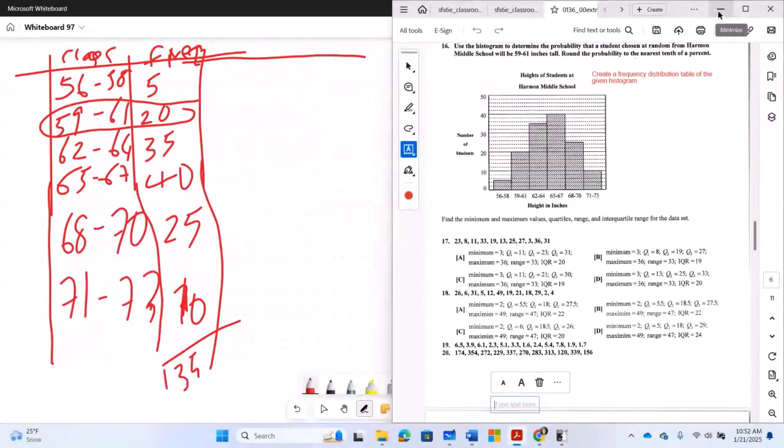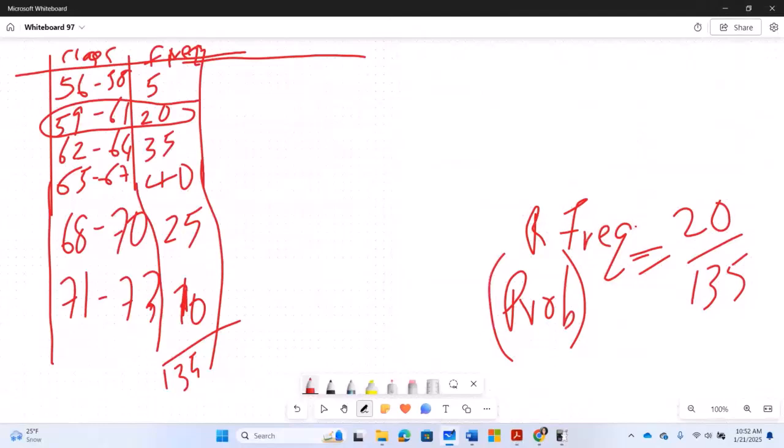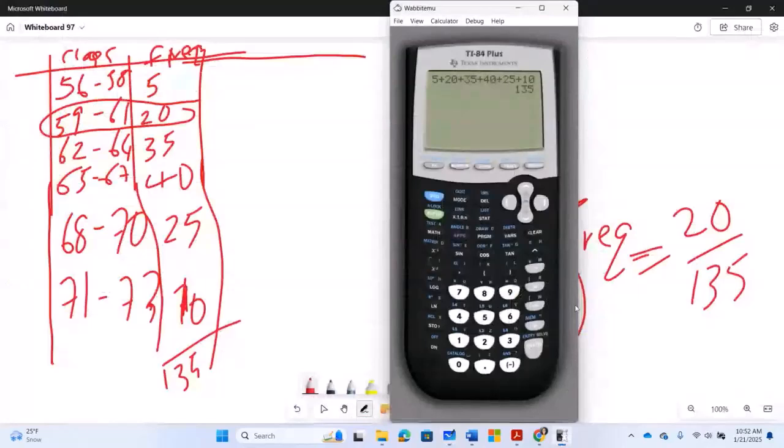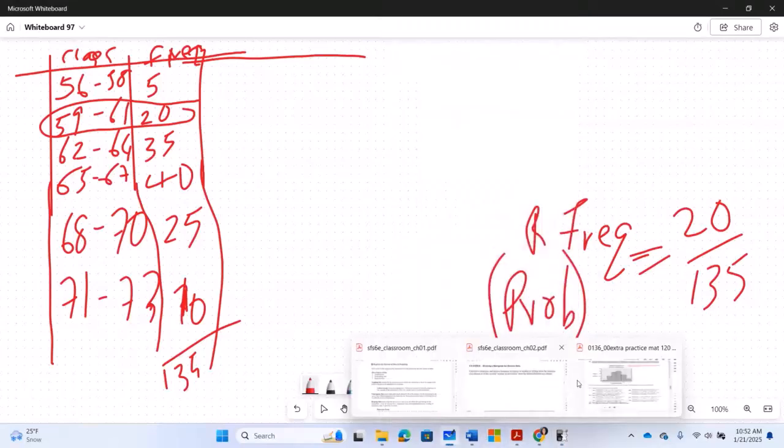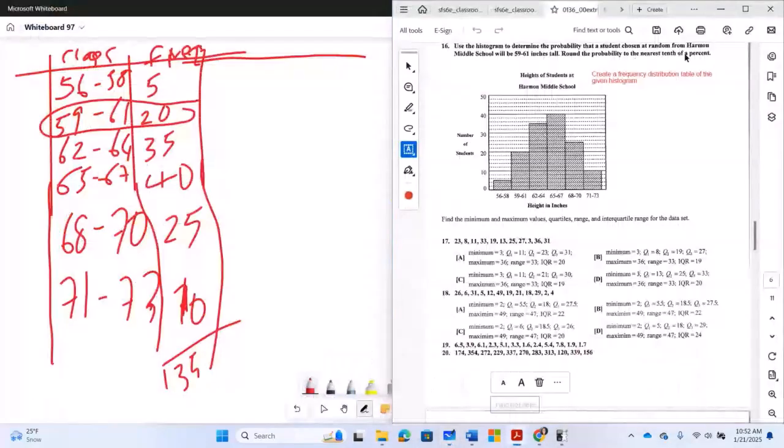because it says round the probability to the nearest tenth of a percent. So all I have to do is put that in my calculator: 20 divided by 135, multiplied by 100, and I have approximately 14.8, because the question said leave your answer to the nearest tenth.